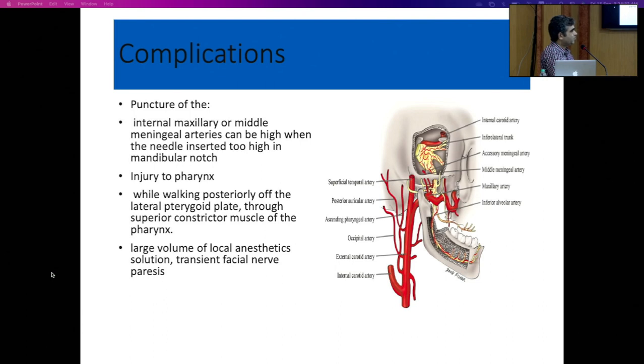Injury to the pharynx may occur while walking posteriorly off the lateral pterygoid plate, because just posterior to the plate, if you go more posteriorly, you may hit the superior constrictor muscle of the pharynx. With a large volume of local anesthetic solution, nearby nerves like the facial nerve may get paresthesia.